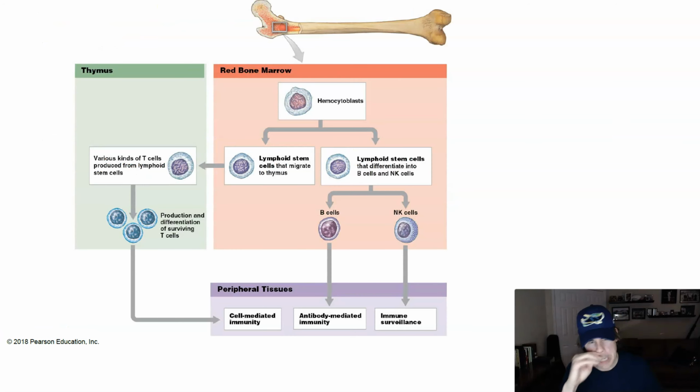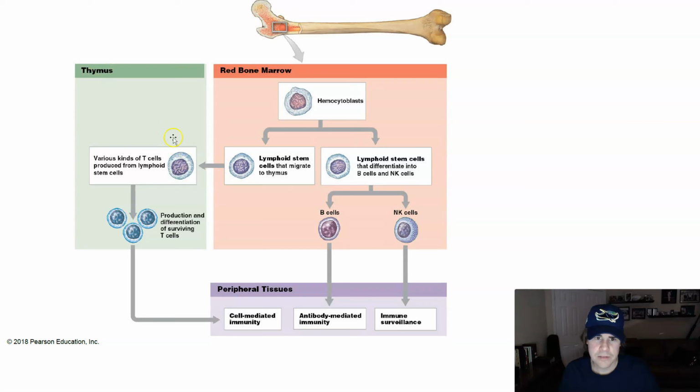Let me show you a picture right here. You can see the red bone marrow, and this is all these stem cell kind of cells. If you're going from a stem cell to a very specific cell, there are levels of differentiation. You have this cell right here, and it can differentiate into lymphoid stem cells that are going to go to B cells or NK cells.